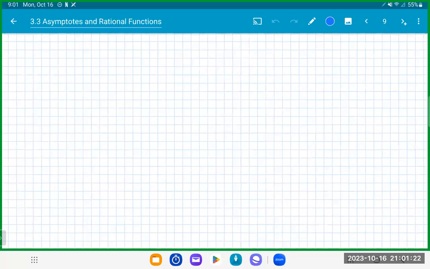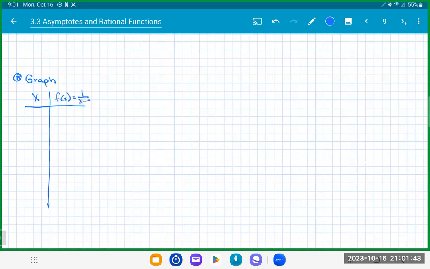So the last thing we want to do is graph, right? So let's build a little bit of a table to help us with that. And our function f of x, remember, is really 1/(x - 3).